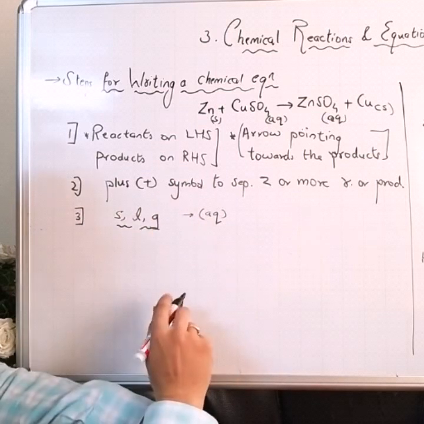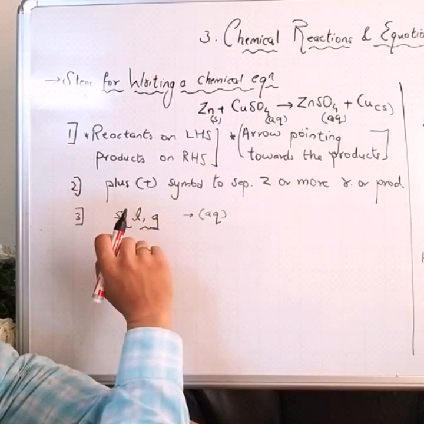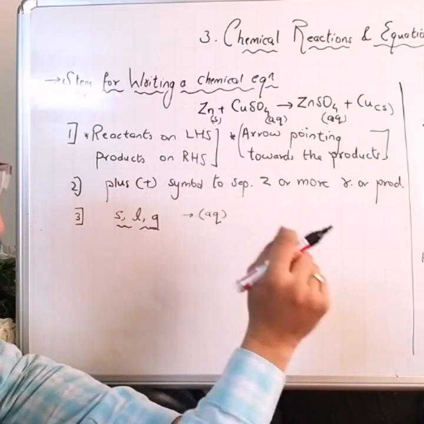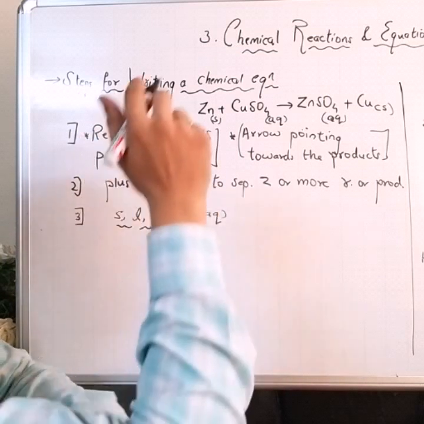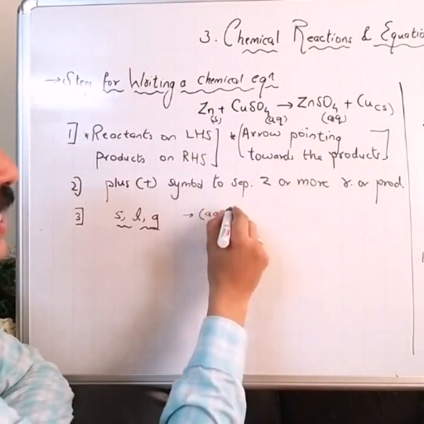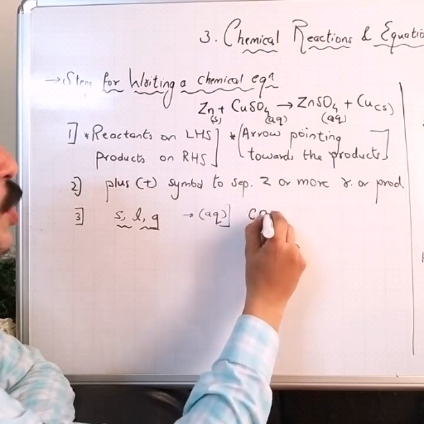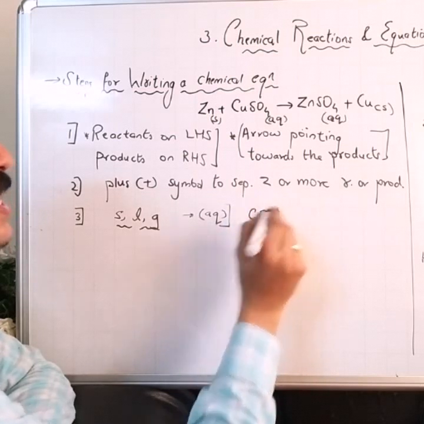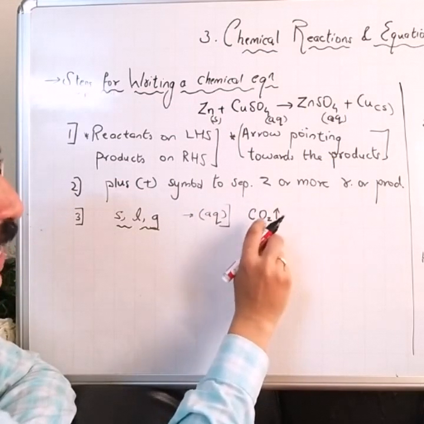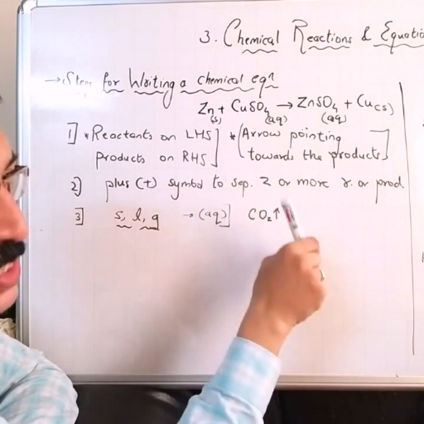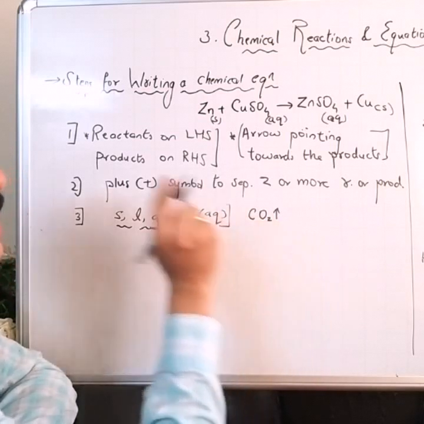One more thing, if in the products a gas is liberated, then we'll put an upward pointing arrow beside the formula. Suppose, for example, carbon dioxide gas is liberated, then I can write CO2 with an upward pointing arrow. So whenever a gas is liberated in the products, we should put an upward pointing arrow beside it.